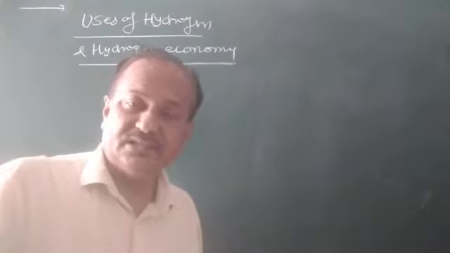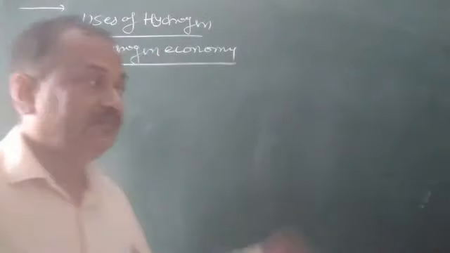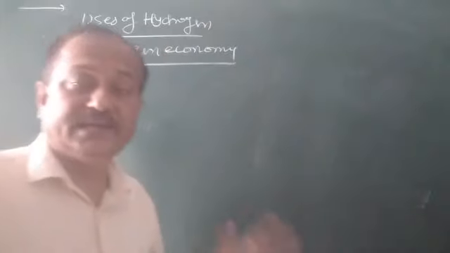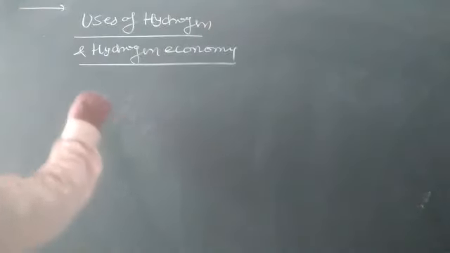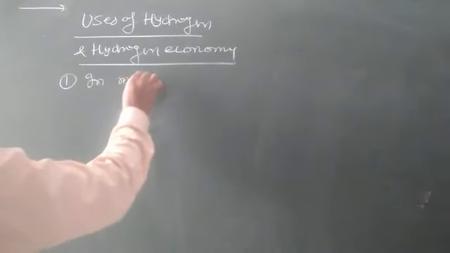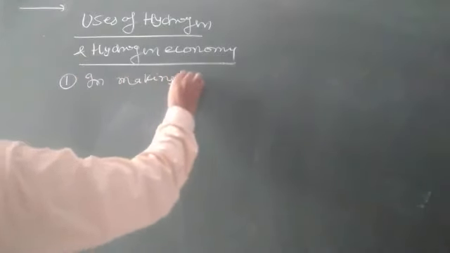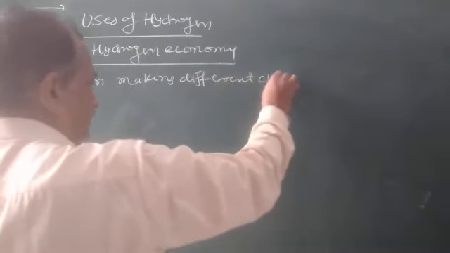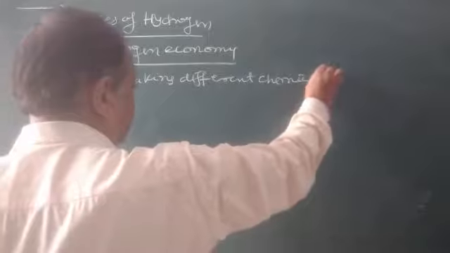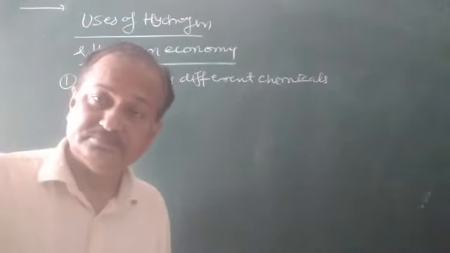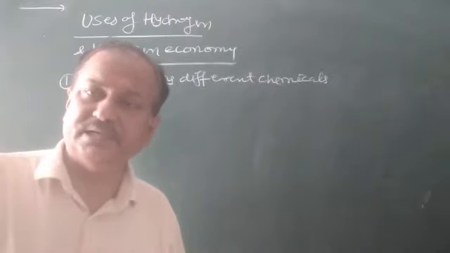Now we are in the last segment of this chapter, and here I am explaining the usage of hydrogen and the hydrogen economy. So, usage of hydrogen in making different chemicals. Different chemicals are prepared by hydrogen through chemical changes.